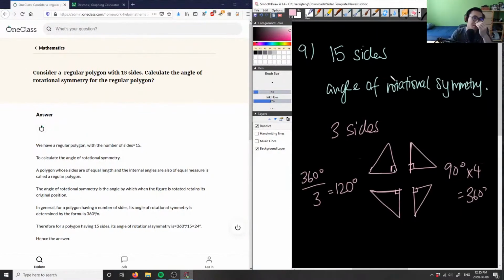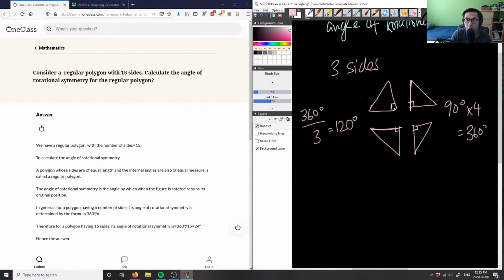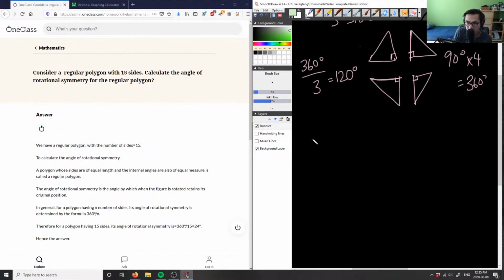Now, for a shape with 15 sides, we can simply apply this formula. We have 360 degrees divided by the number of sides. A polygon with 15 sides, so n is going to equal 15. What's 360 degrees divided by 15? This is going to give me 24 degrees. So that's going to be our angle of rotational symmetry.